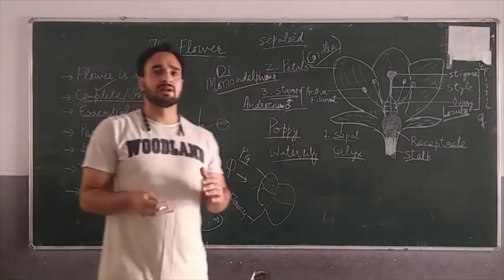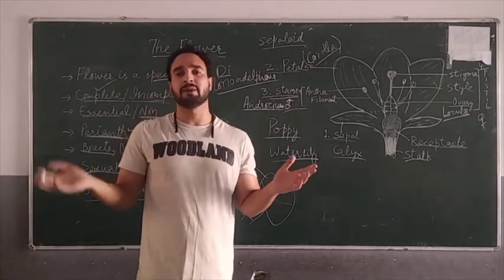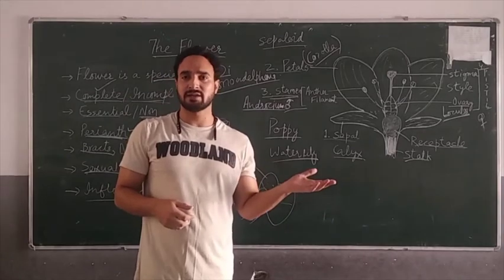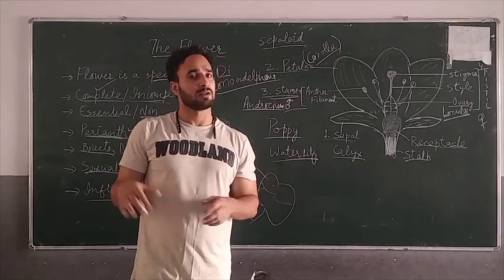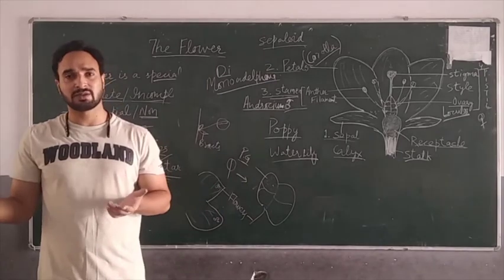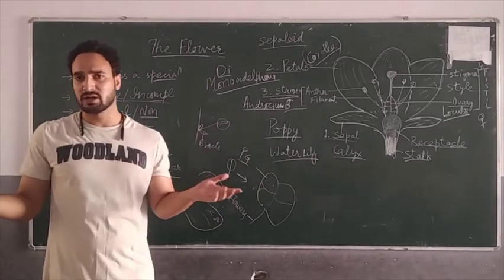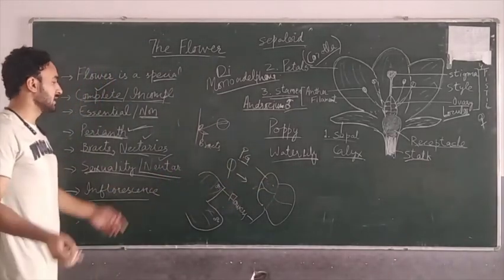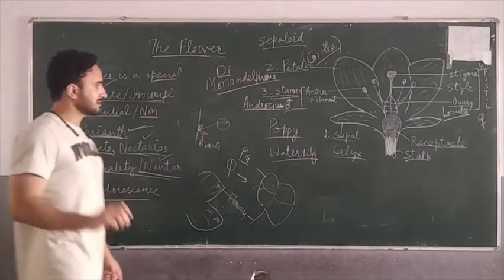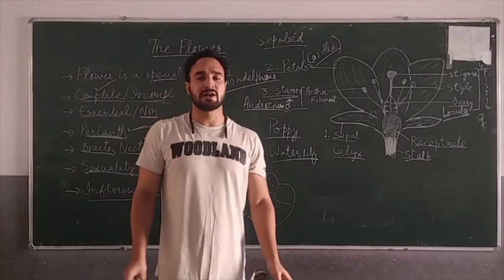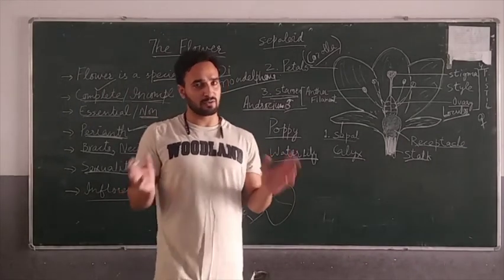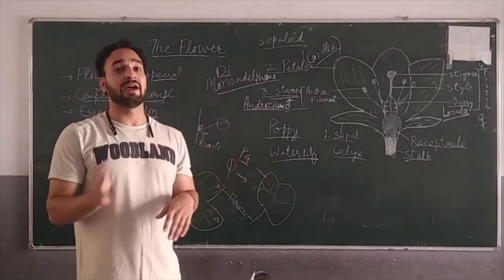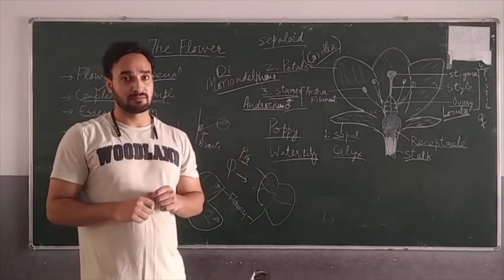In neuter flowers, neither the male part, the androecium, nor the female part, the gynoecium, is present. Both are absent. Such a flower is called a neuter flower, and the example is the ray florets of sunflower. In sunflower, the florets we see are neuters. They do not have any of the reproductive parts. Understand?